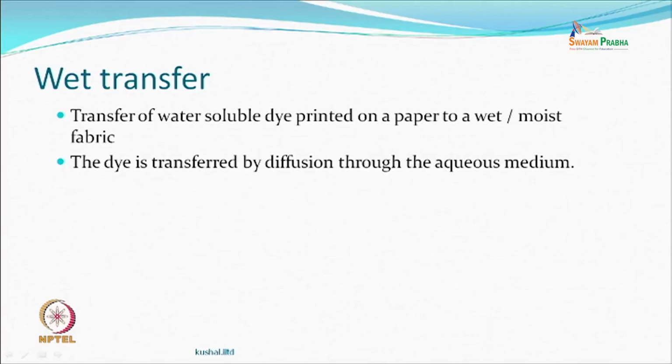You can work around it, but again, as I said, it is through an aqueous medium. So there will be some dissolution happening, and it has to be very controlled, so that as the dye is transferred it goes directly to the place where it is supposed to go, and not anywhere else. Otherwise, you will not obviously get the same effect of a photographic image.